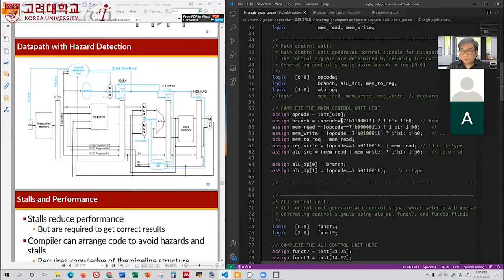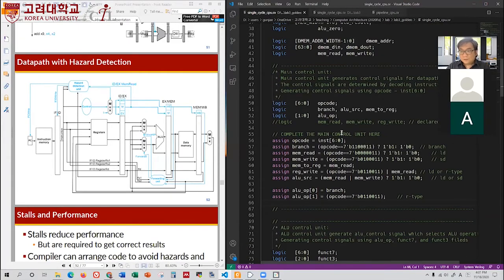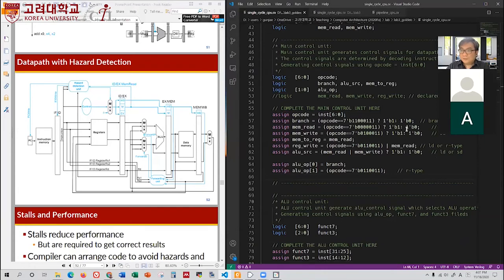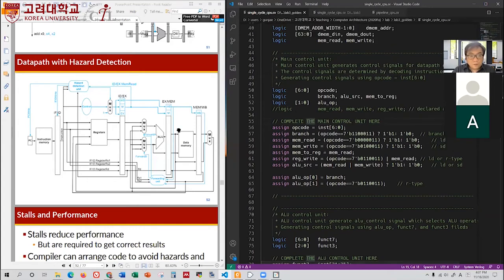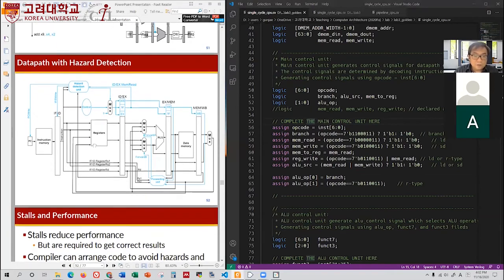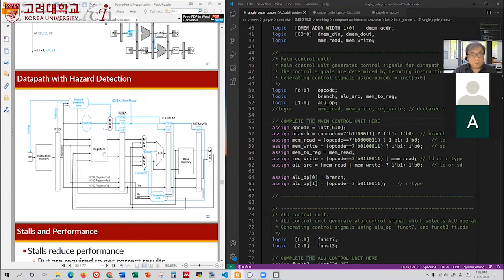So this is the golden code of the single cycle processor. And also I'm showing the diagram, which is a pipeline.